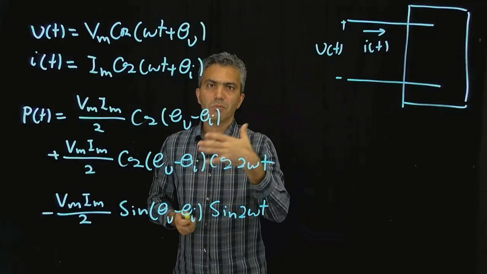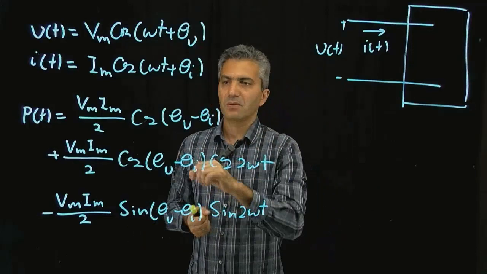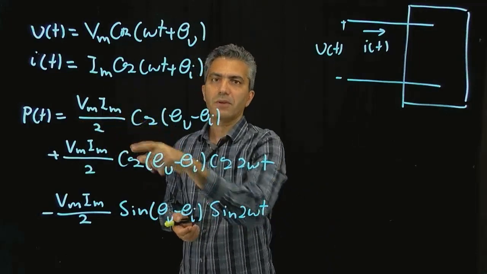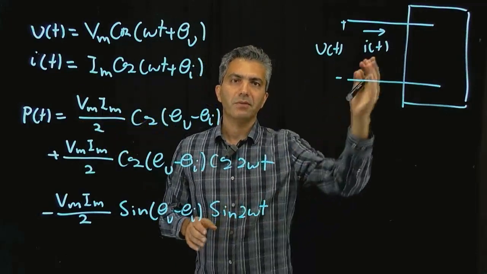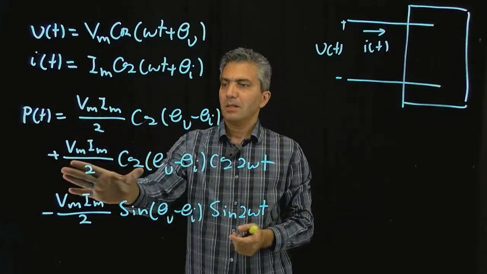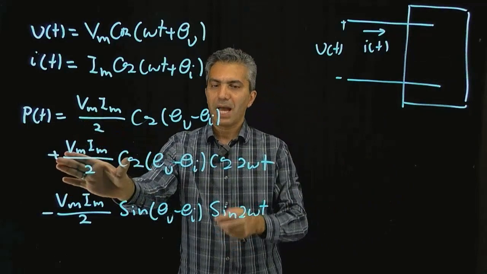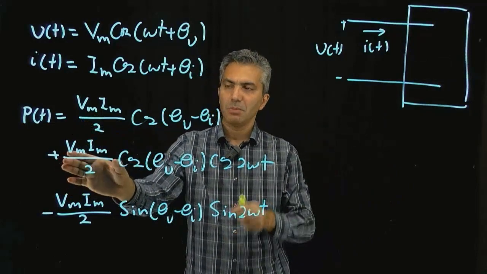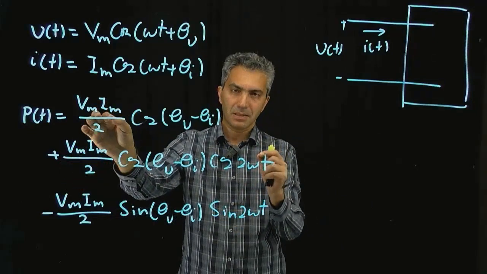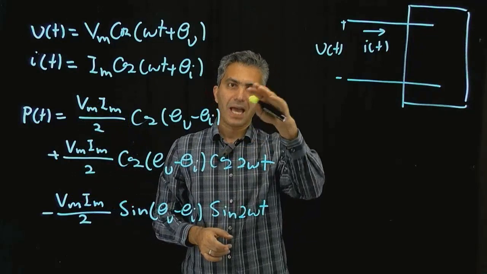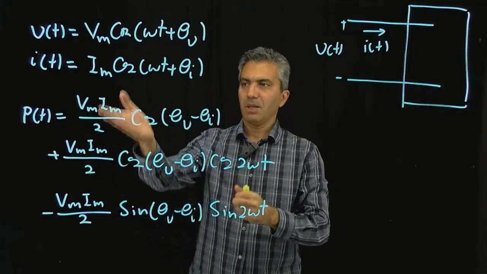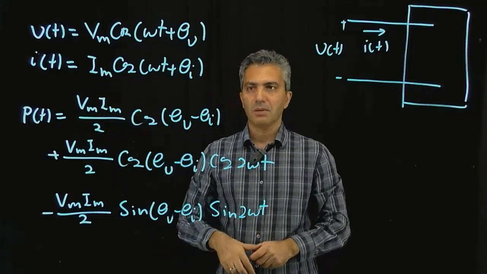Now, if you recall, we made sense of that, for example, in the case of a resistor, by saying that the constant portion of the power delivered to a resistor is the part that is, on average, turning into heat. The other portion is going up and down, so the maximum instantaneous power is twice this much, and the minimum instantaneous power is 0, and on average you get something between 0 and Vm Im, which is Vm Im divided by 2.